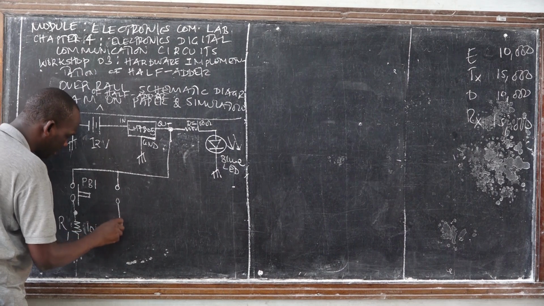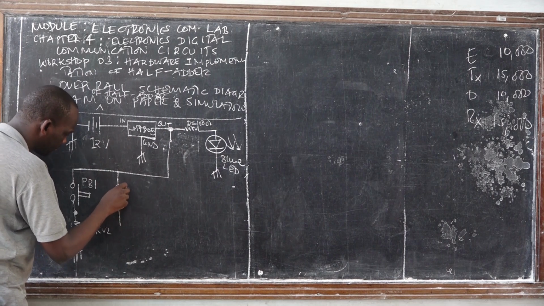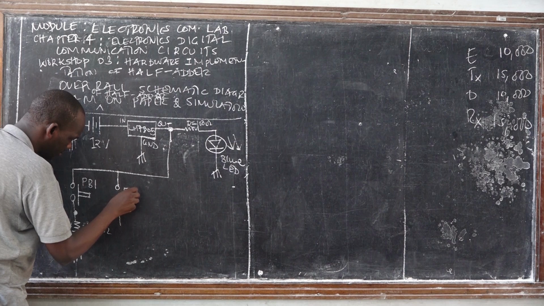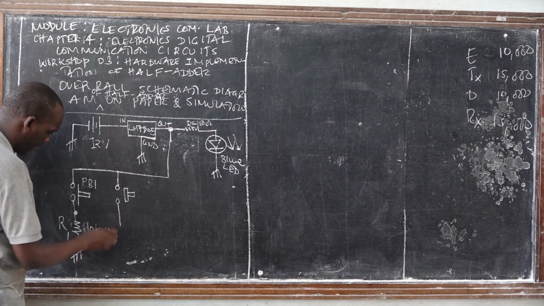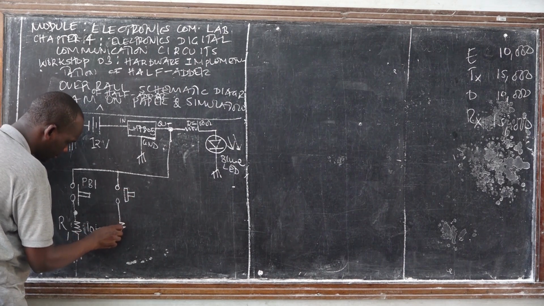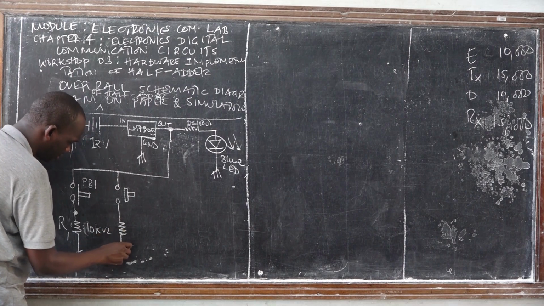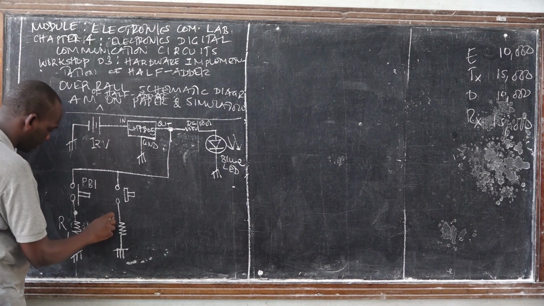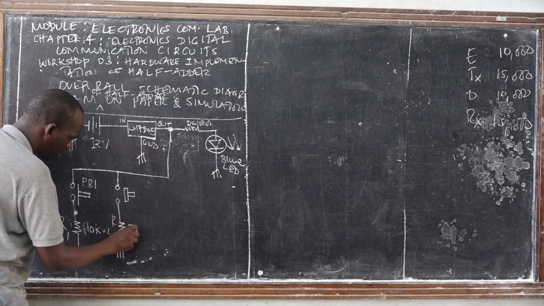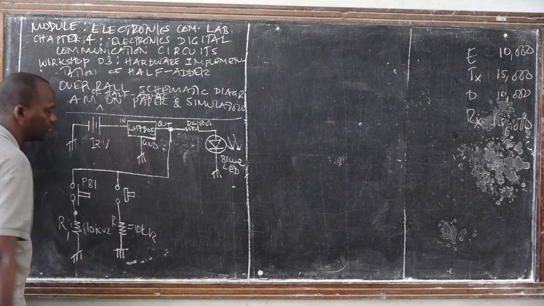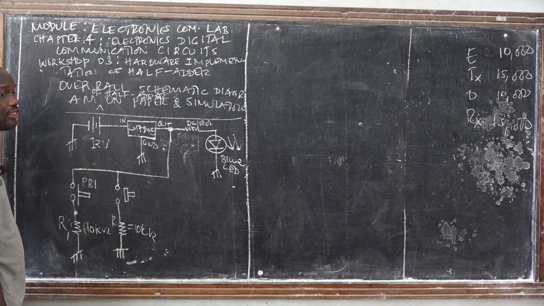This is push button number 2. Then this is resistor 2. This is ground. So here we have a pull down resistor of 10 kilo ohm. Are we together?